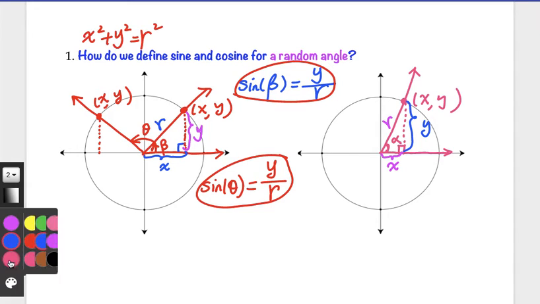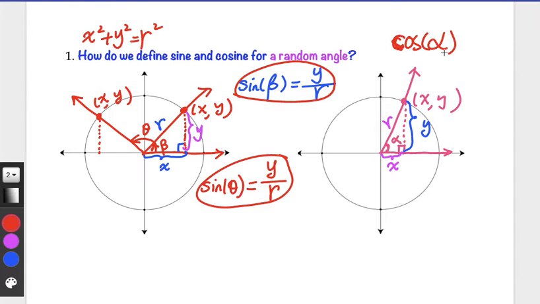So cosine alpha, this is how we write the Greek letter alpha. This is just an angle, nothing special. It is equal to adjacent over hypotenuse, so it's going to be x over r. See? This is just how we use coordinates to help us define sine or cosine.